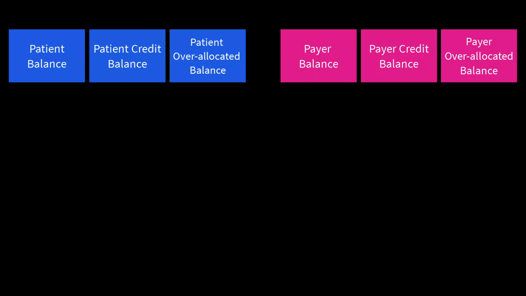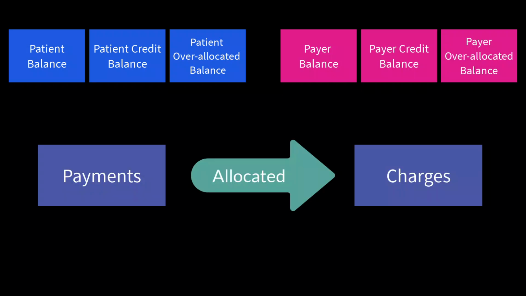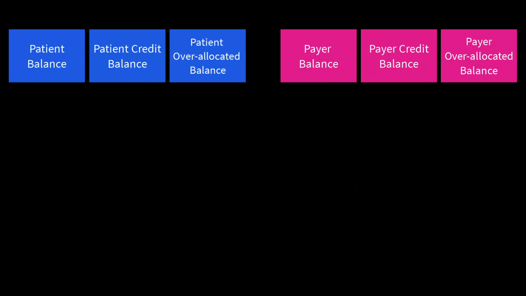The amounts that are calculated in each balance have everything to do with how payments are allocated to charges. And understanding how this allocation works is probably the most important concept to understand Psykdesk billing. So let's walk through how different allocations will create different balances.